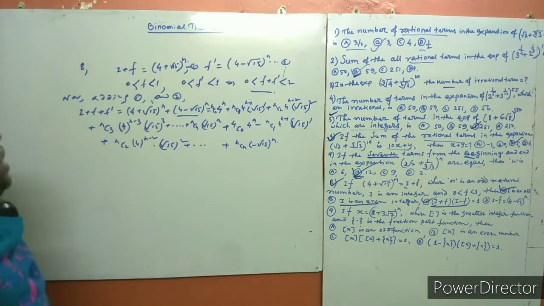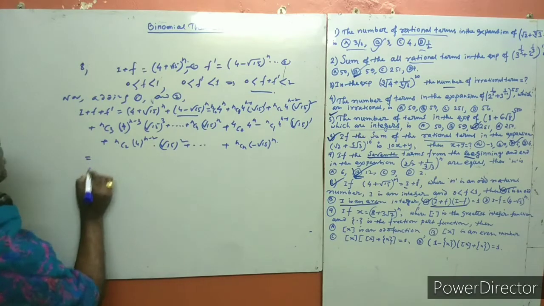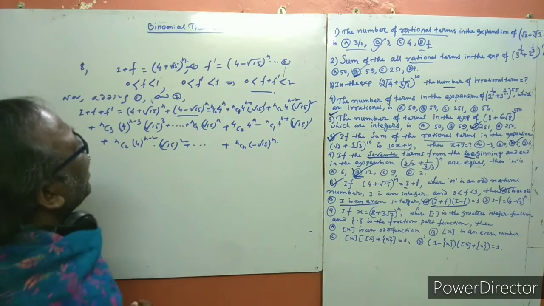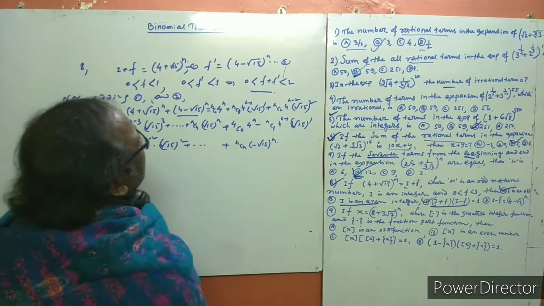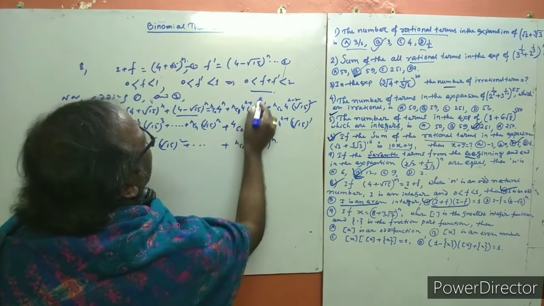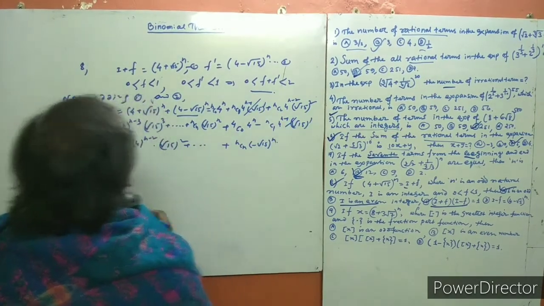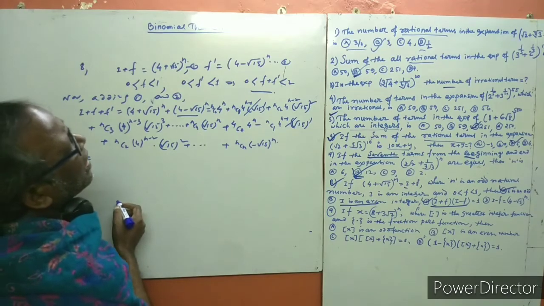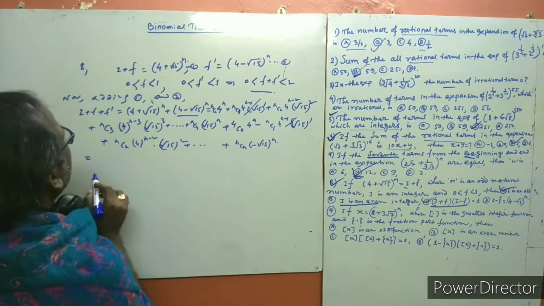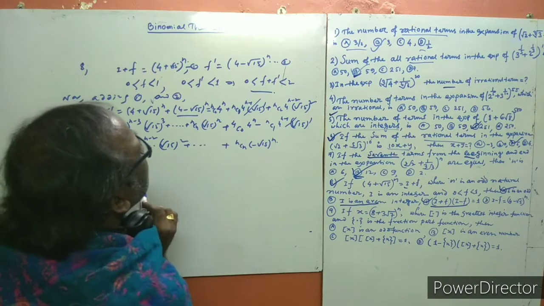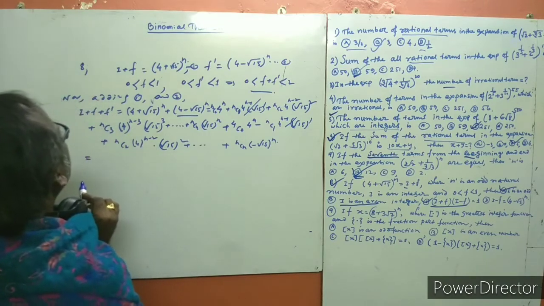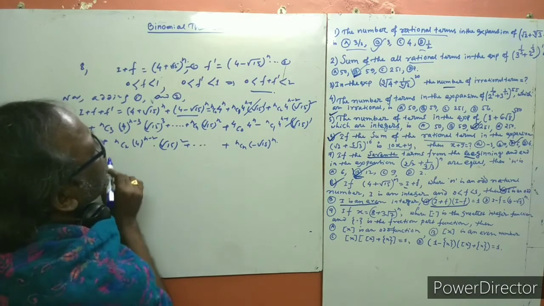And now see the expansion, there are alternate signs. Where the suffix is odd, these are cancelled. Same as these 3, so 1 are cancelled. So there is a 4.